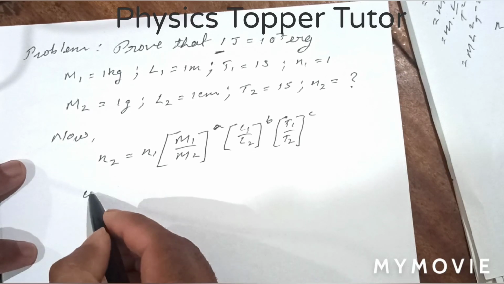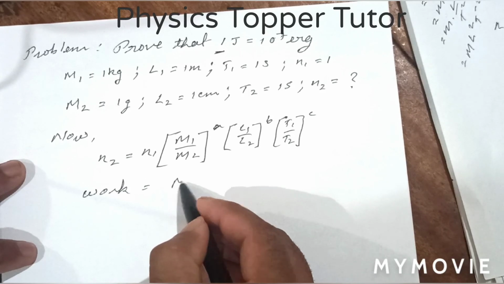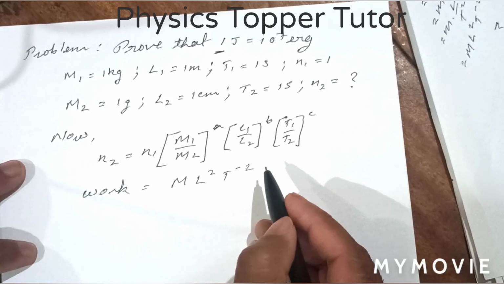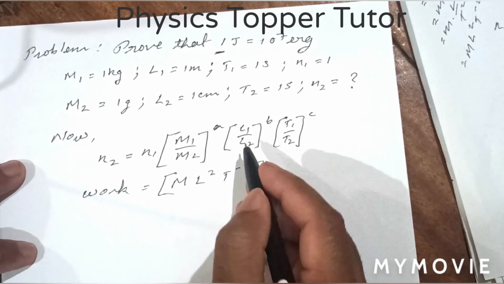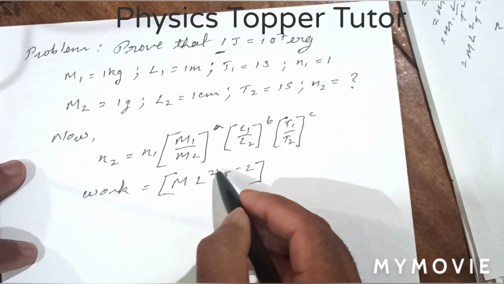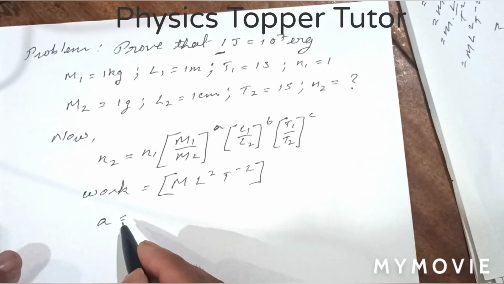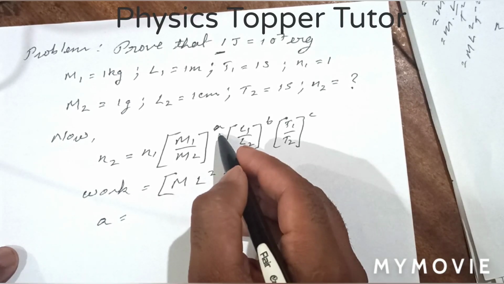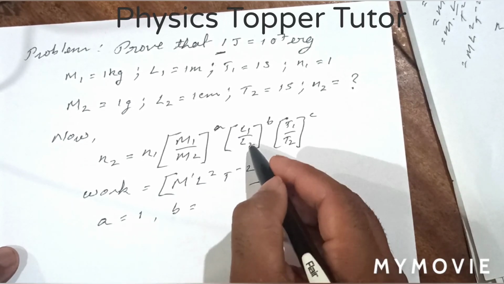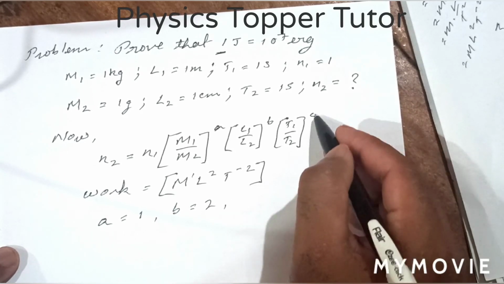Now what is the dimension of work? Dimension of work is M L square T minus 2. Okay, now compare these two. Here A and this B and this C. Okay, so A will be equal to 1, B will be equal to 2, and what is C?